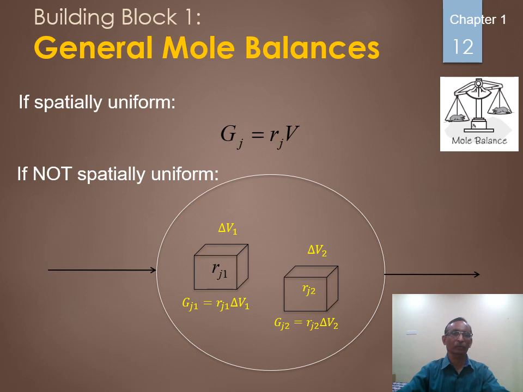You have to read the problem statement very clearly, whether it says spatially uniform or spatially not uniform. That decides which steps you perform: take a summation, or directly take Gj equal to Rj into V. So we are going to continue with the non-uniform case.